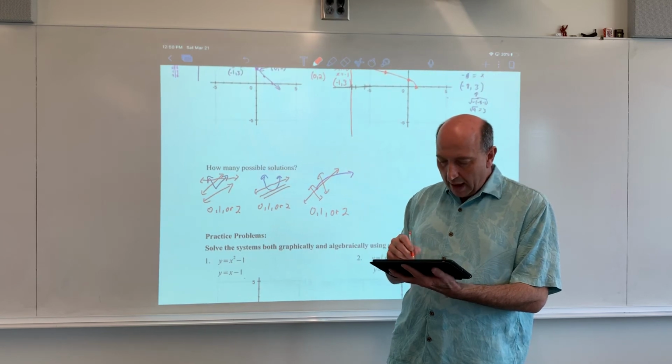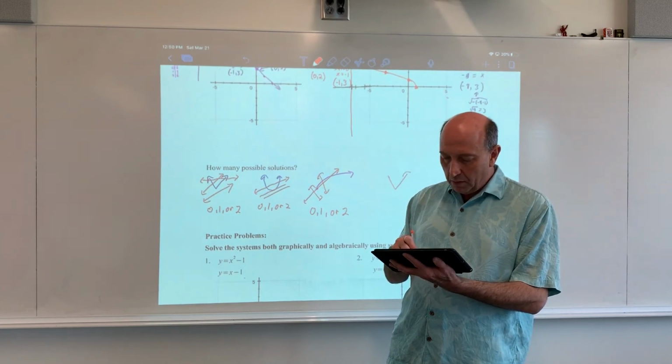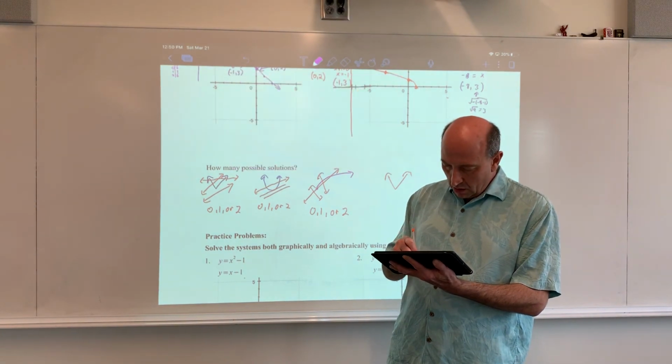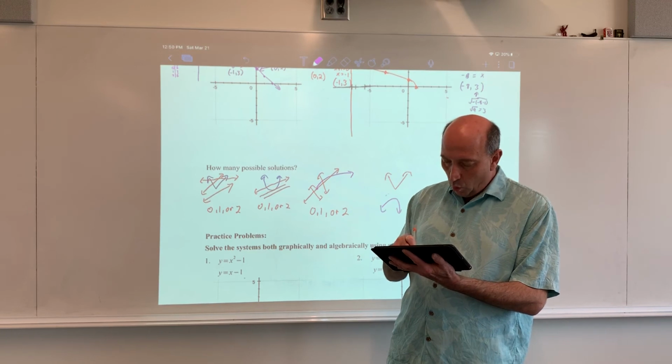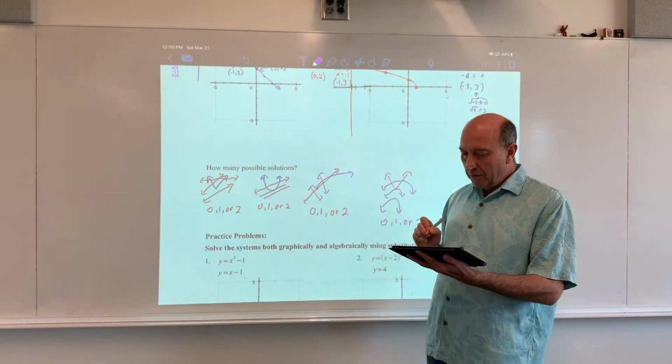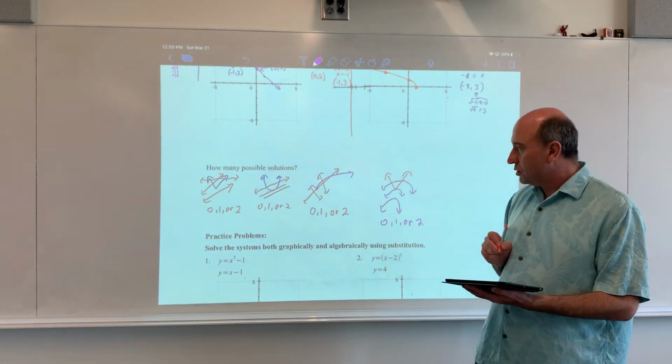And if you have an absolute value and a parabola, you could have 0, 1, or 2 solutions. So all of these problems, you could have 0, 1, or 2 solutions.